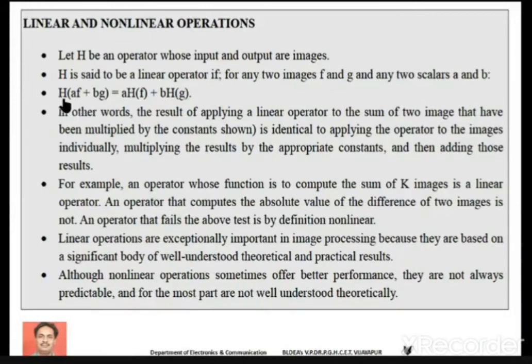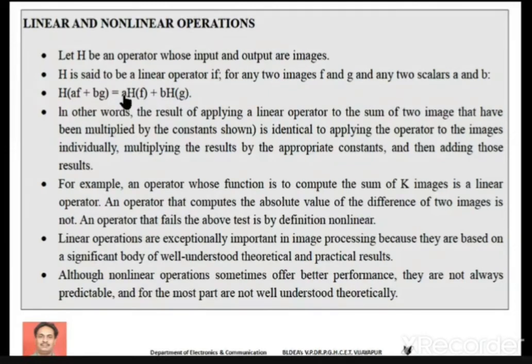This equation says that applying some operation H on the sum of images F and G, which are multiplied by A and B, will be the same as applying the operation H individually on the images F and G and adding them with the scalar multiplication.